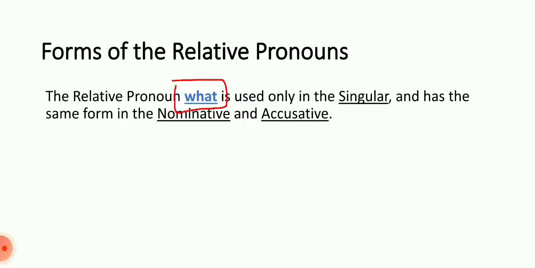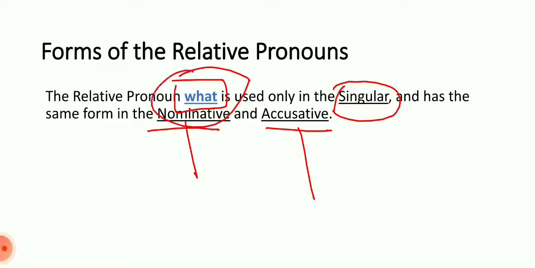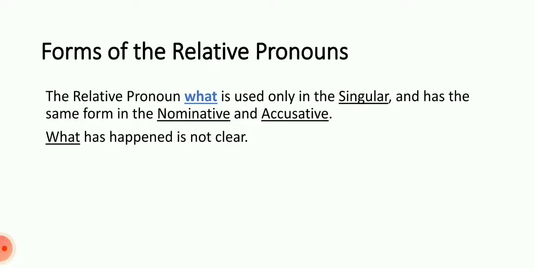Now what is only used for singular, and it has the same forms of nominative and accusative case. Either it is used as nominative or accusative case, what will remain the same. It will not change its form. How? Here is the example. What has happened is not clear.